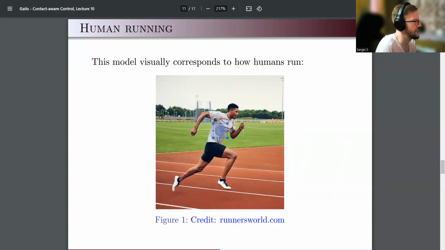So the center of mass moves forward a little bit. And this foot is very bent, while this foot is very straight.